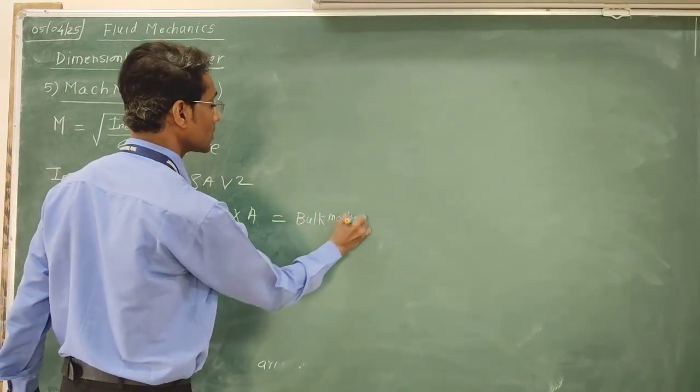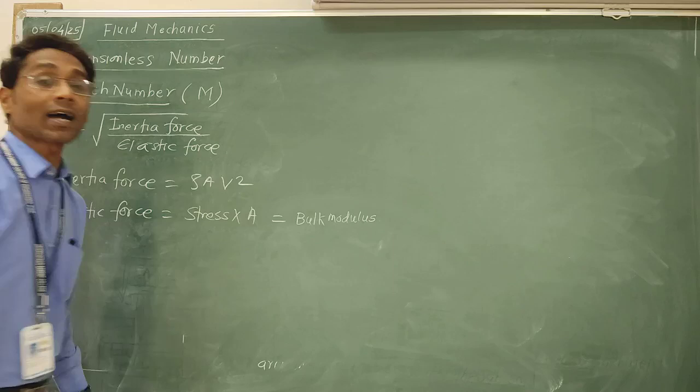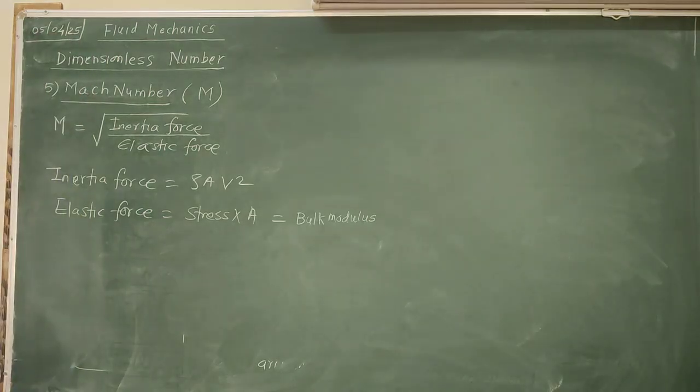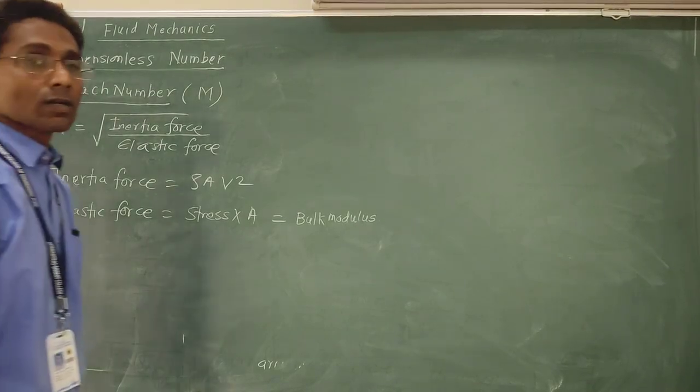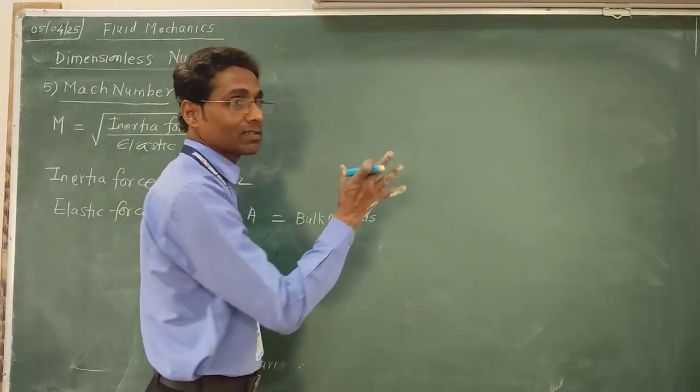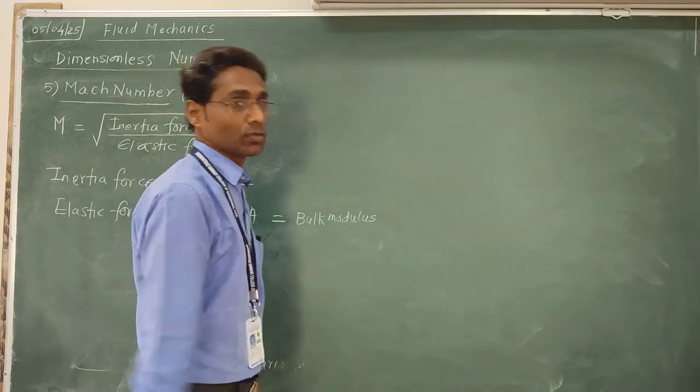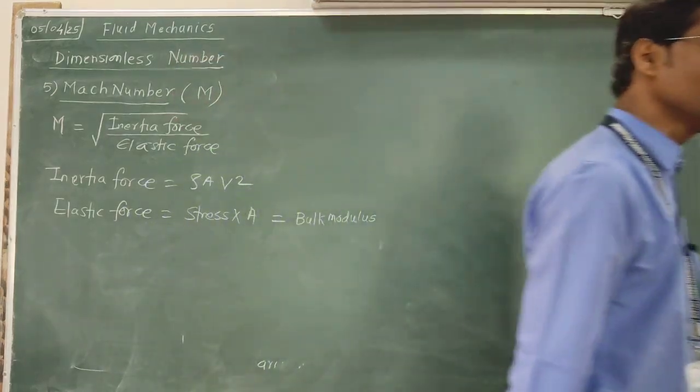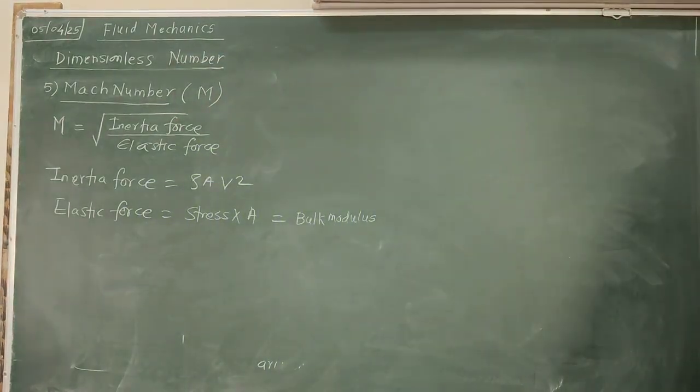Bulk modulus, because fluids are not compressible. Means liquids are incompressible. Why? Because of their strength to resist the compressive force. Liquids are hard to compress. Water is hard to compress. Which property is there?